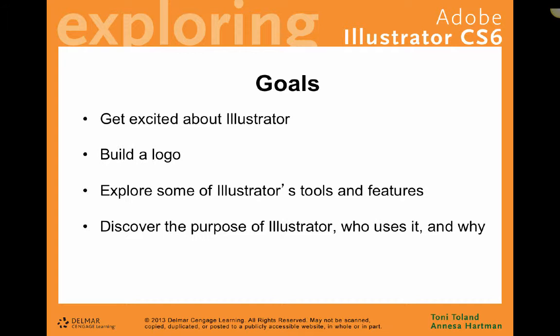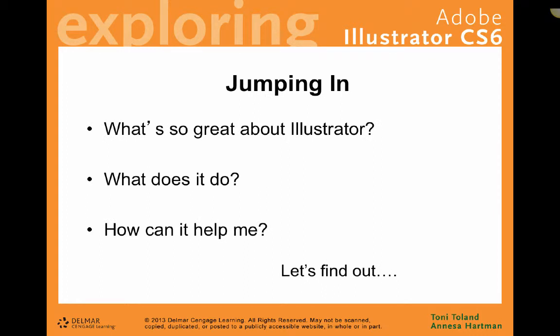We're going to actually work drawing a logo, and I'll demonstrate some of this as well and record it and upload it. But we're going to redo this logo. We're going to look at some of the tools and features of Illustrator while we're building the logo, and again, better understand what the purpose of Illustrator is.